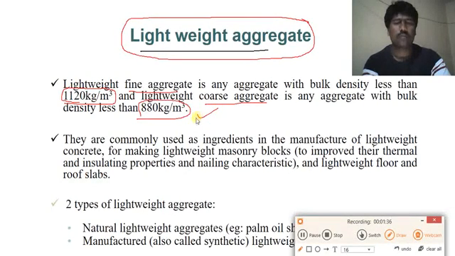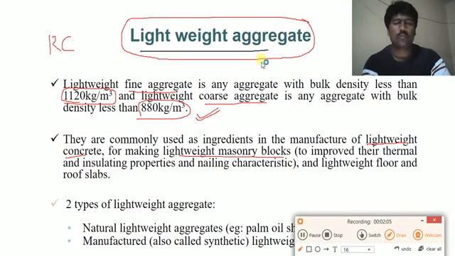These aggregates are commonly used for manufacturing lightweight concrete. Not only lightweight concrete, but also lightweight masonry blocks, you might have seen RC blocks outside, and other masonry blocks, are all manufactured with the use of lightweight aggregates.